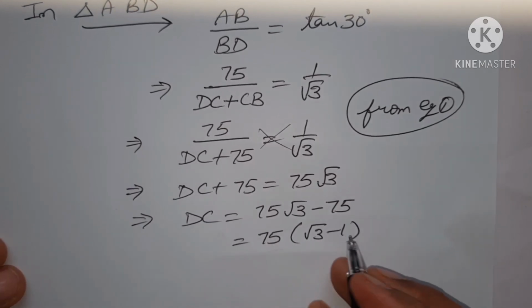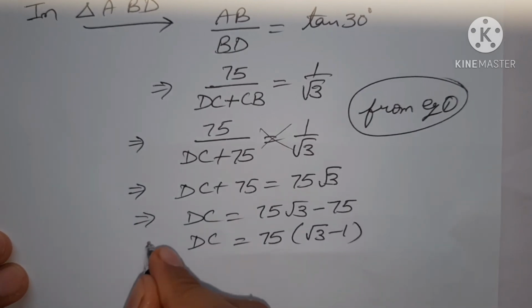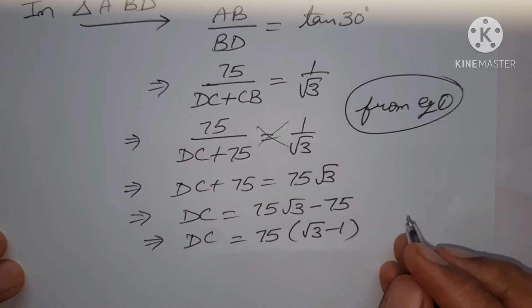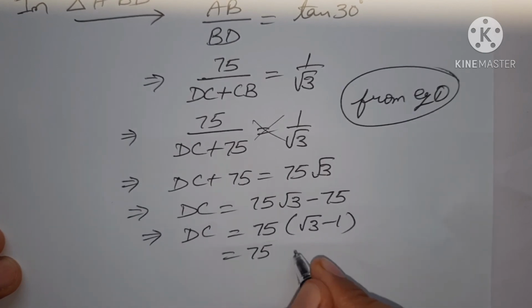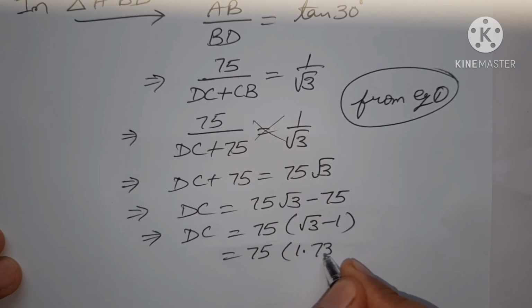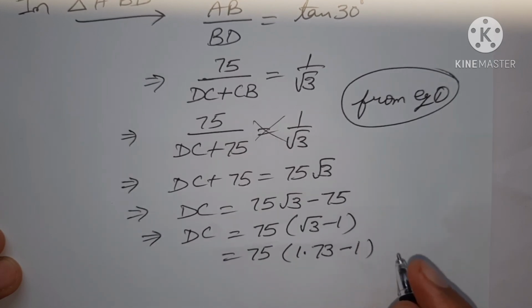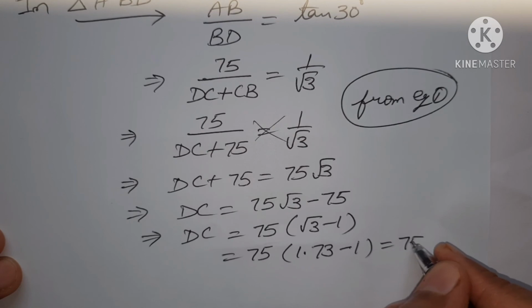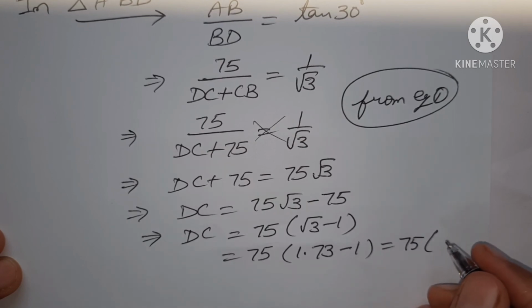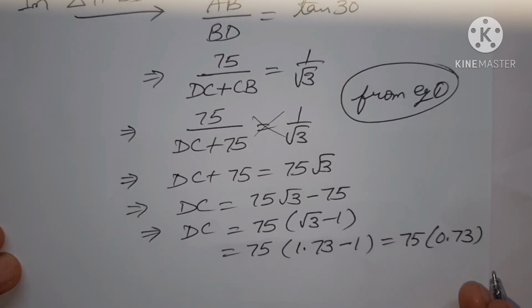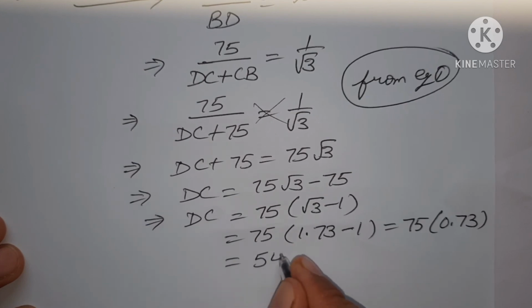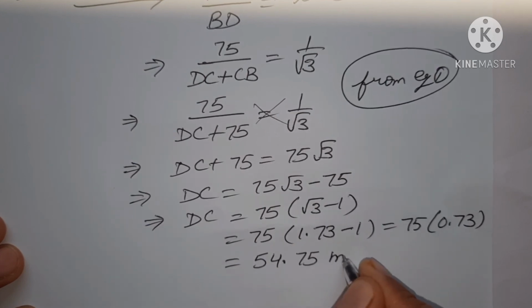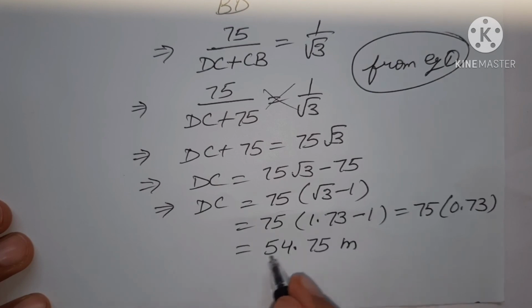So this is the value of DC. If we put the value of root 3 here, it will be 75 into 1.73 minus 1. So this is 75 into 0.73. So when we multiply it, the value will come 54.75 meter. So this is the value of DC.